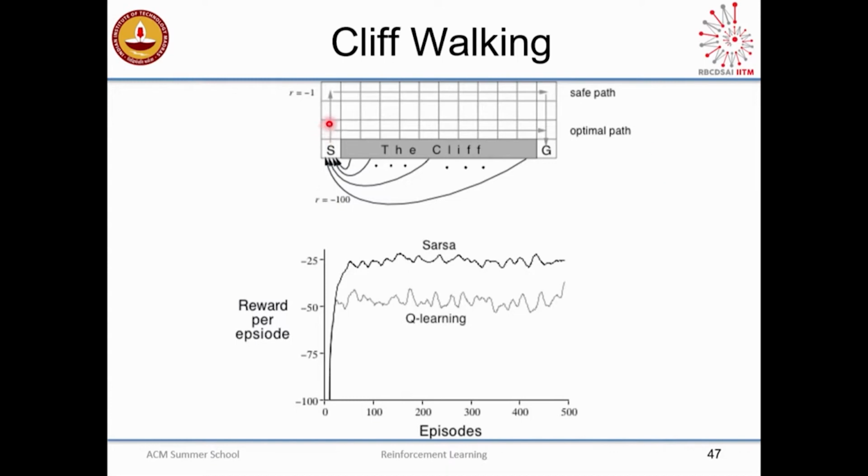And if I'm walking here, with some probability I take a random action, so that random action could be south, right? So I have a probability, let's say 0.1 probability of exploring, and 1/4 of that 0.1 probability is of falling off the cliff. What is 1/4 of 0.1? 0.025, right?